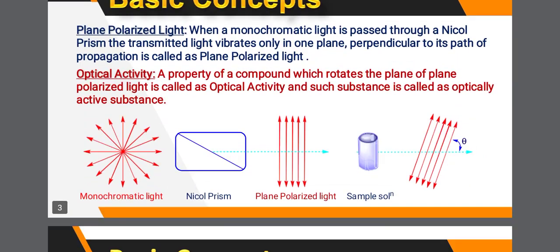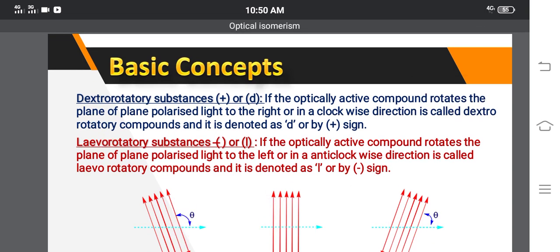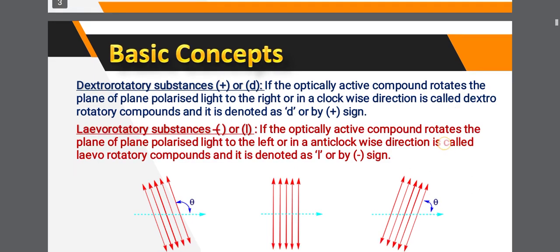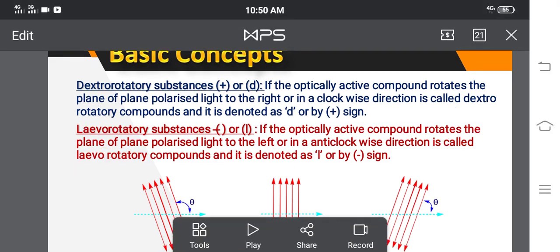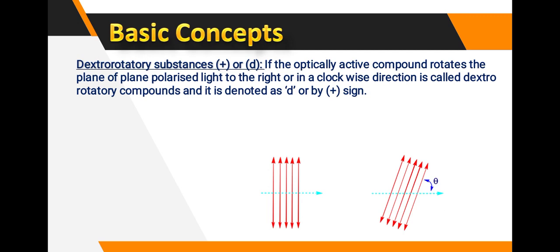Okay, then see here the basic concepts. In basic concepts there are two types of substances: dextro-rotatory substances and levo-rotatory substances. Here what does dextro mean and what does levo mean?